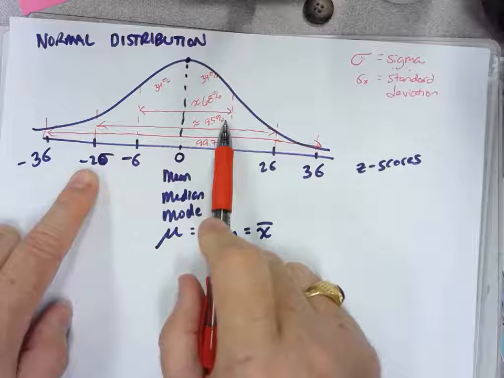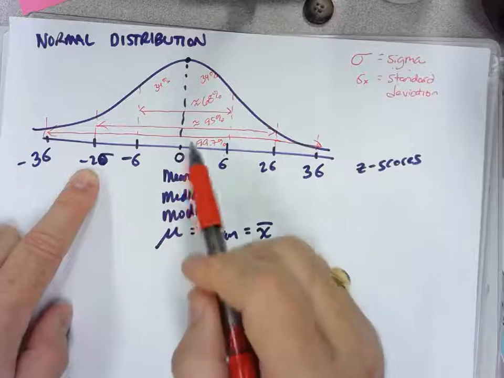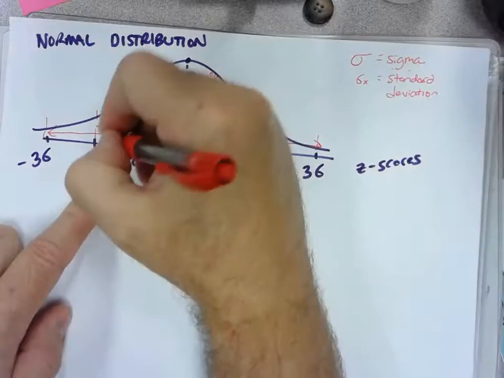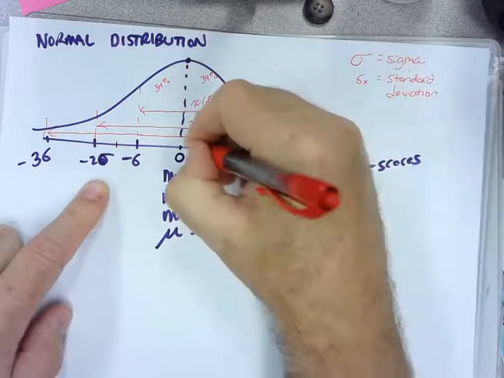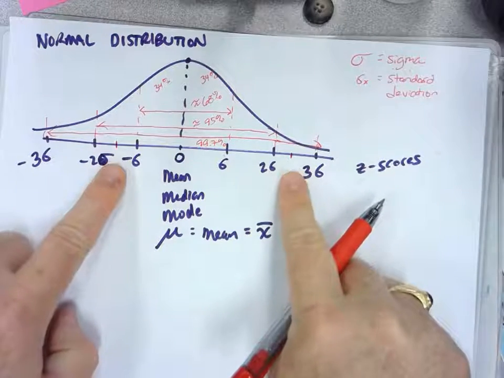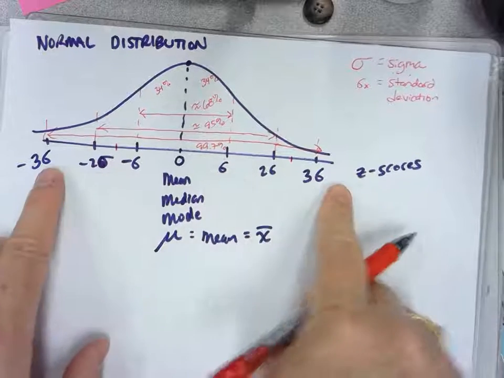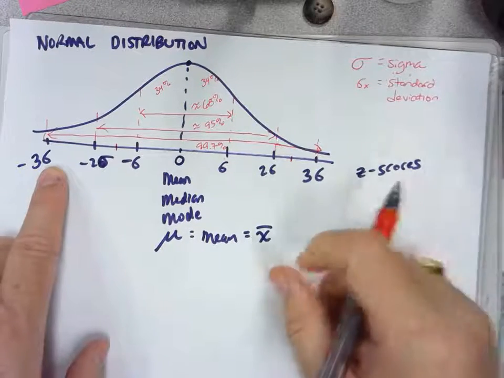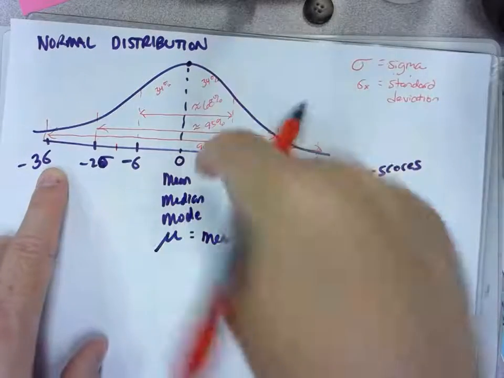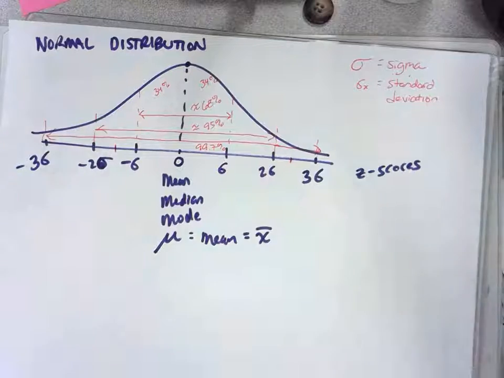You can do it by hand if you know the breakdown, but if they ask something between points that aren't standard deviation breakpoints, that's calculator work.